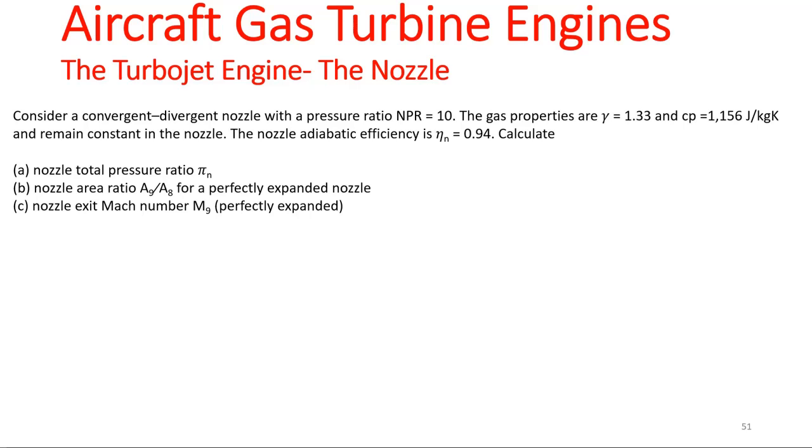Yep. Because we are dealing with a subsonic condition. This is essentially a continuation of previous examples. Pi of n, that's 0.8335.